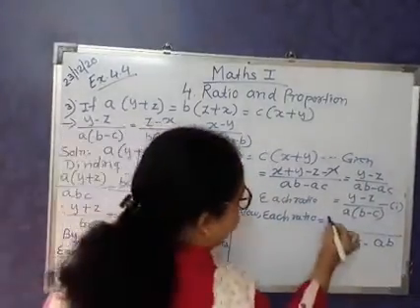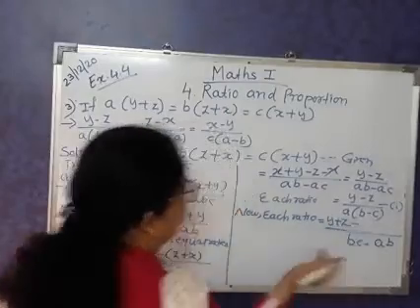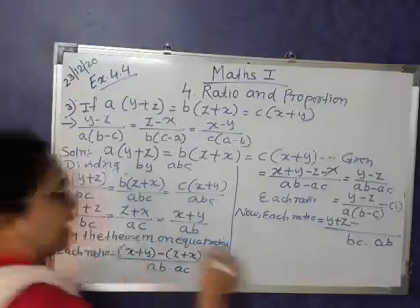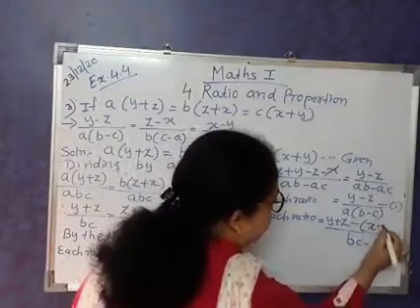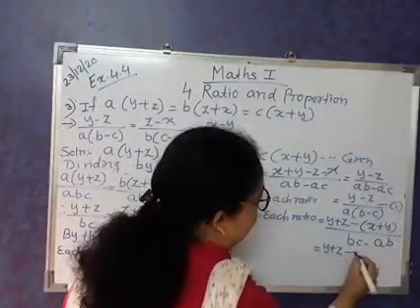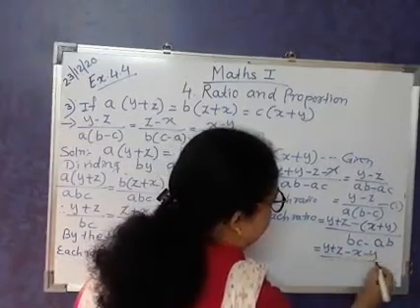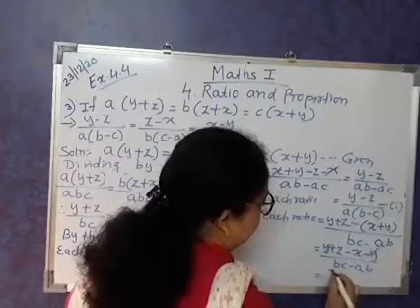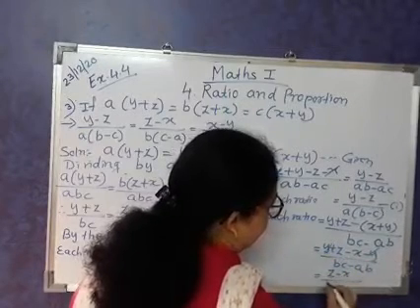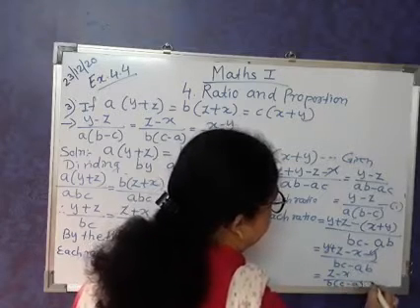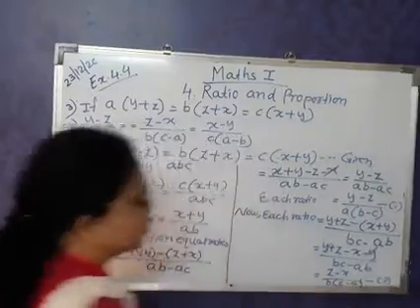Y plus Z, minus the numerator of the AB, that is X plus Y. Whenever minus is there, put it in the bracket. So now open the bracket. Minus X minus Y upon BC minus AB. Y will get cancelled. So Z minus X, now write as it is, upon B(C minus A). This is equation 2. Clear?